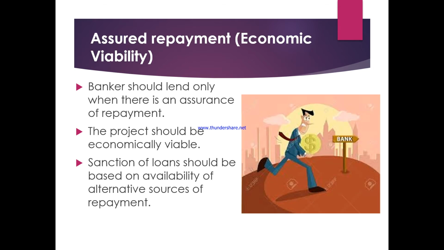Okay. Next is assured repayment, economic viability. Bankers should lend only when there is an assurance of repayment. The project should be economically viable. Sanction of loan should be based on availability of alternative sources of repayment. That's why the banks will make inquiries with the borrowers to find out what will be the alternative income.